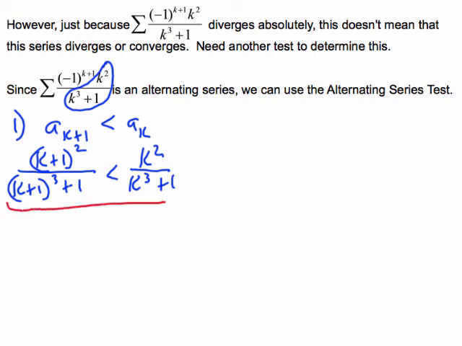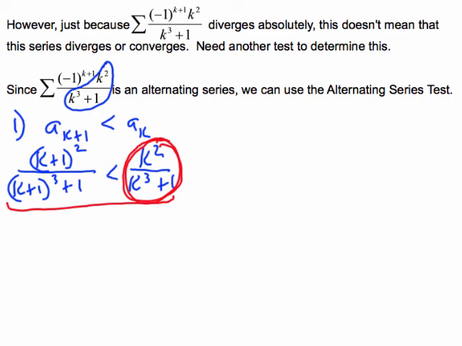I think this is true, but I'm not completely certain. So what I'm going to do in this case is take the derivative of my series. I'm going to think of it as a function, and see if the derivative is always negative, because that will tell me that my terms are decreasing.